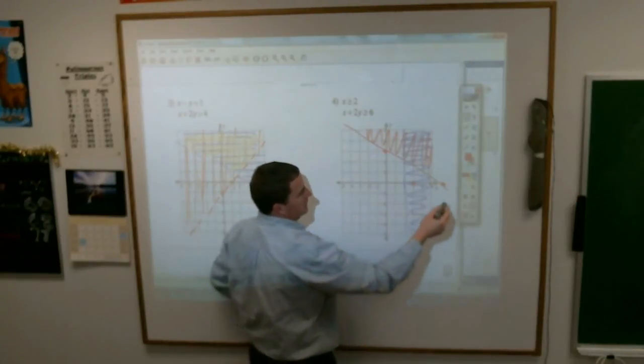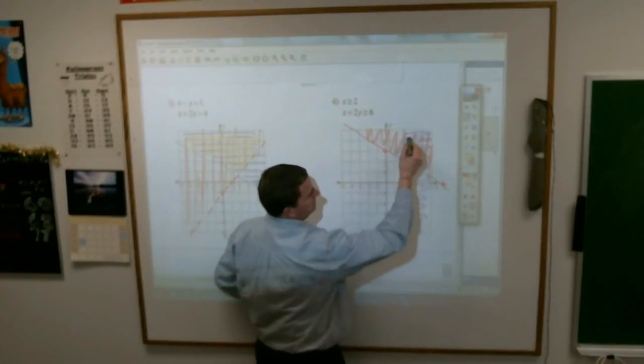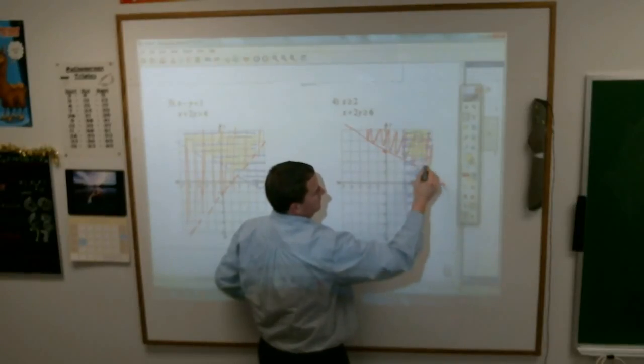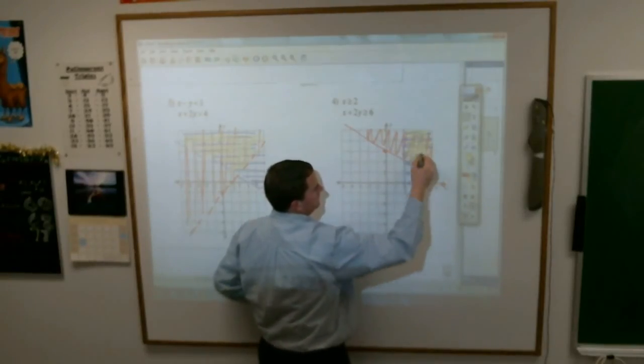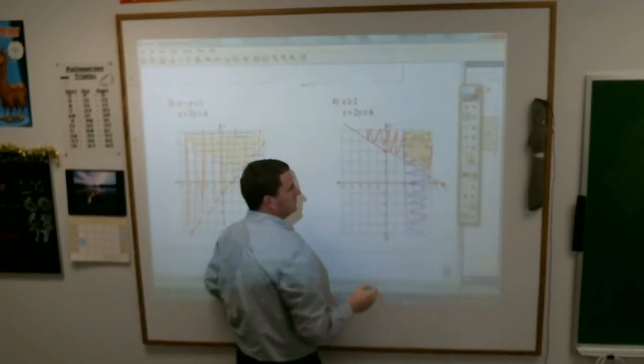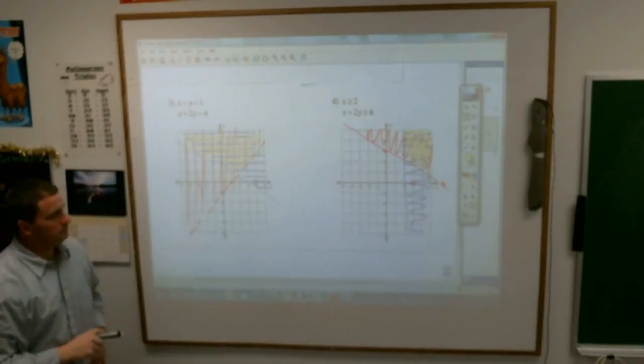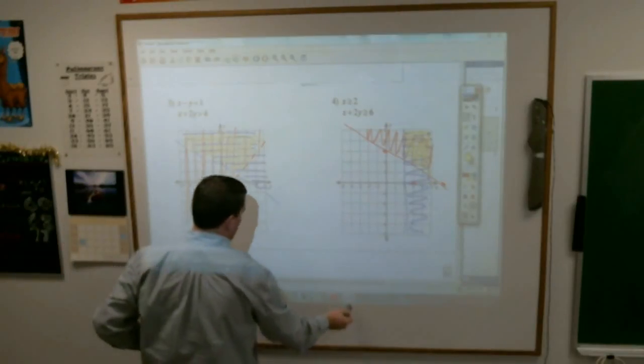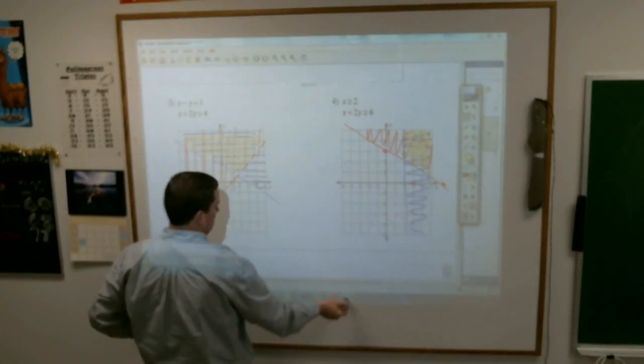And your answer again is the place that gets shaded double, which would be this little section right here. Such is graphing linear inequalities.